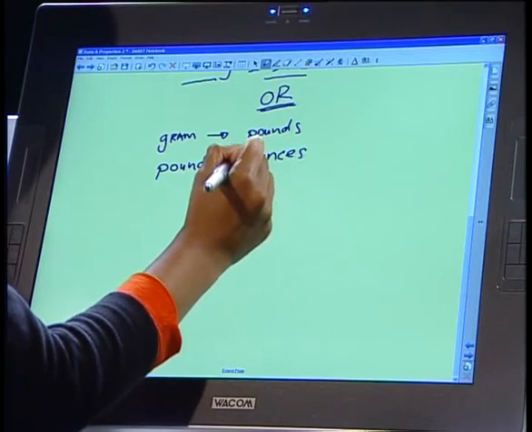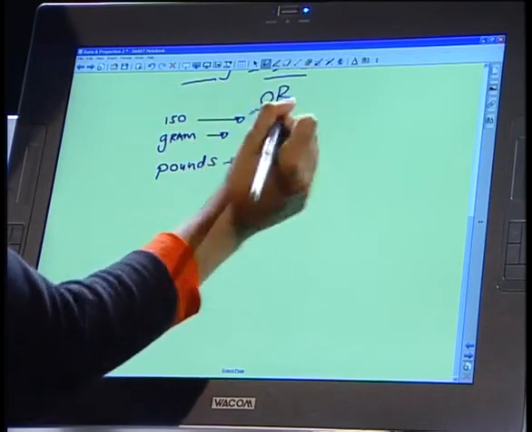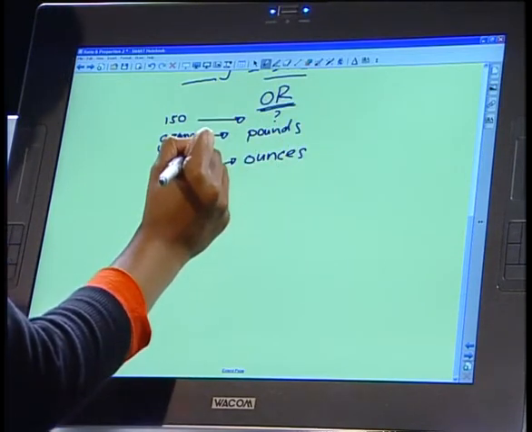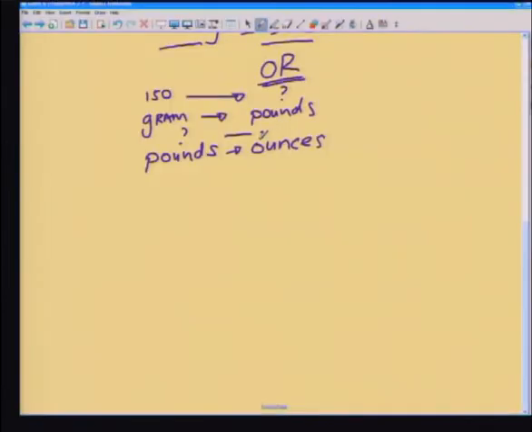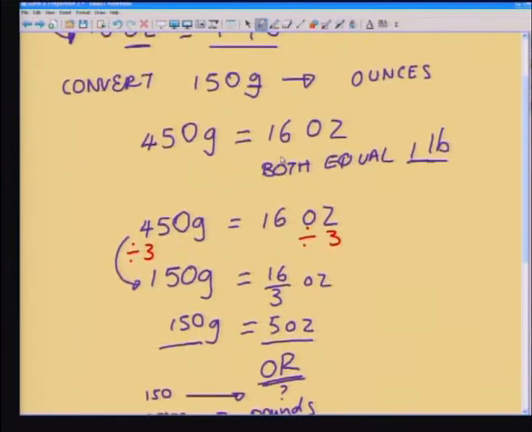So that's another method of doing it. So take your 150 grams, see how many pounds that will give you, then take that number of pounds and convert that to a certain amount of ounces. You will still end up with, at the end of that, 5 ounces.